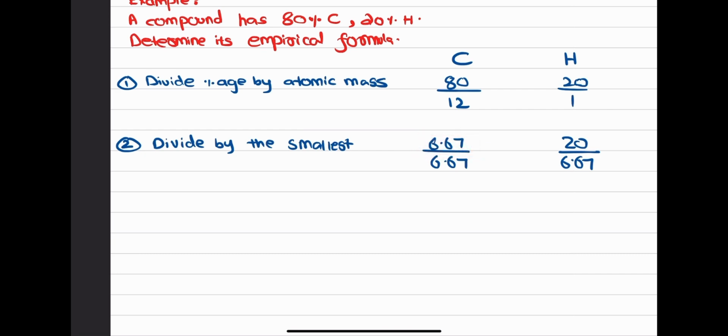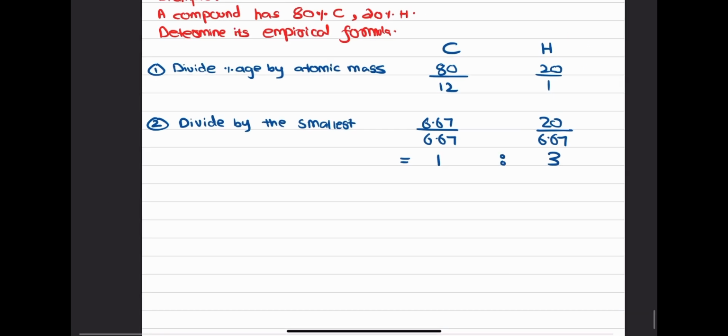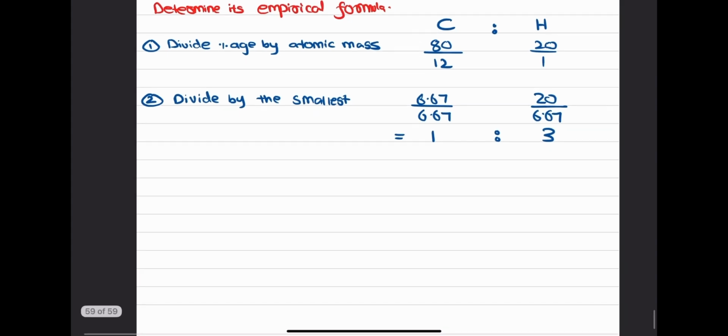So we will divide both of them by 6.67 and we will get 1 and 3. And this is the ratio. So empirical formula is C, which is 1, H3, and hydrogen are 3.